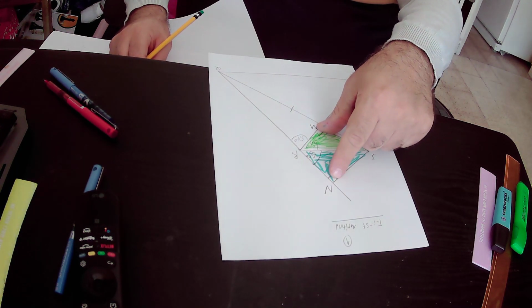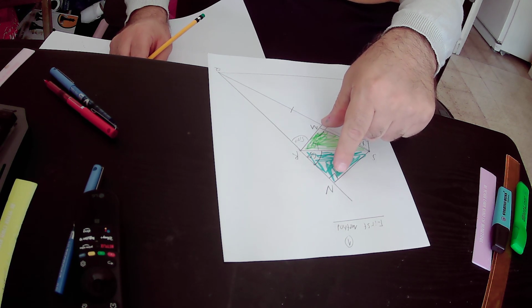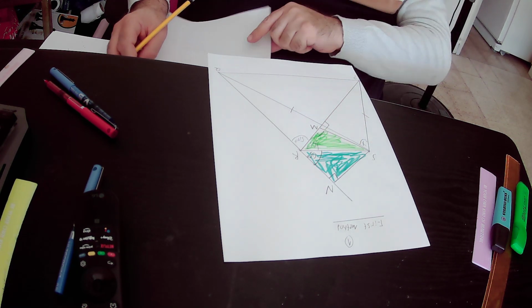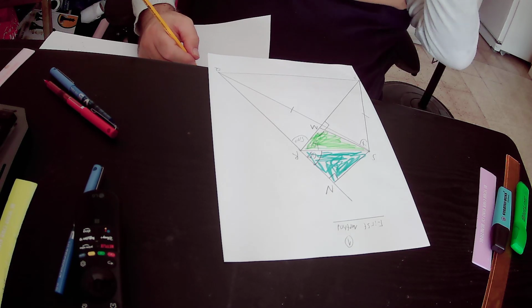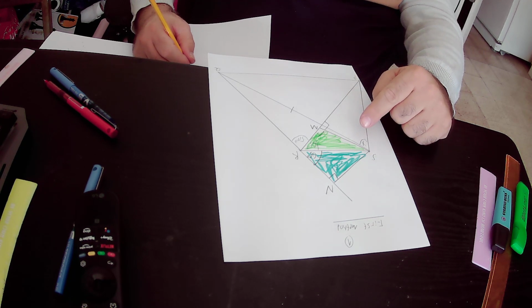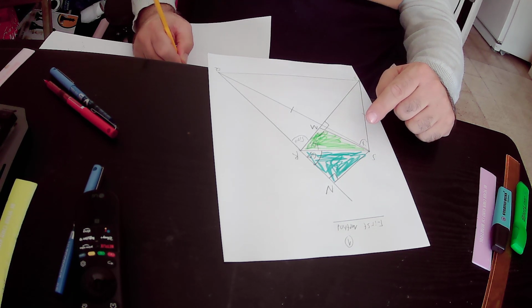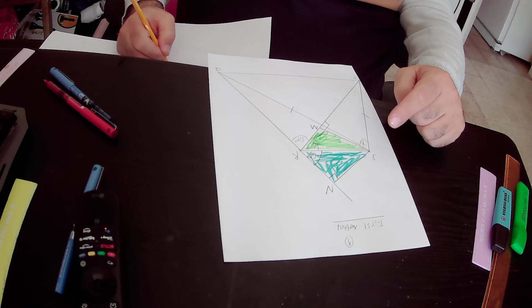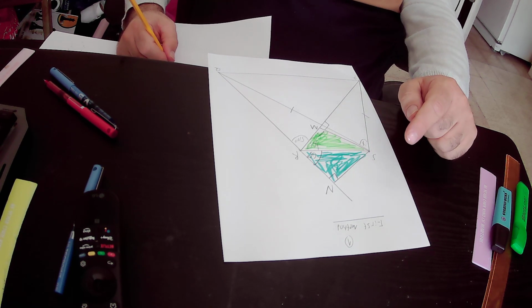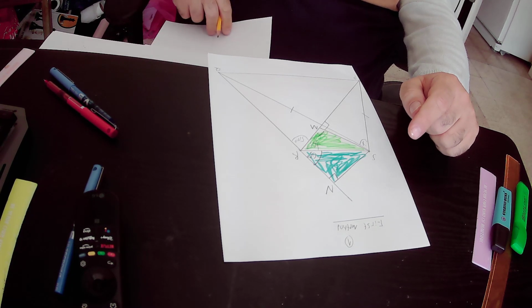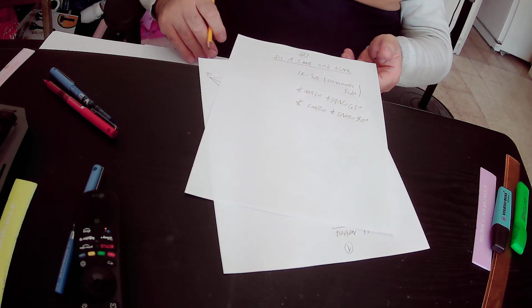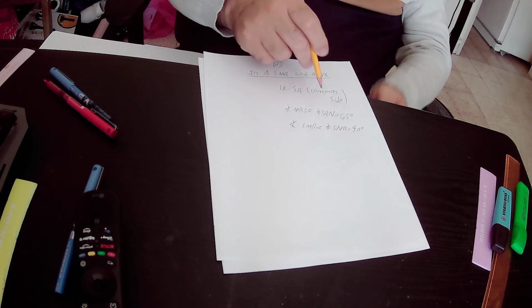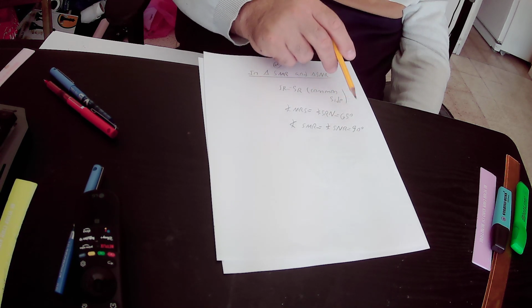And those angles are right angles, they are equal to each other, so angle SMR equals angle SNR, this angle, and both those angles are equal to 90 degrees.